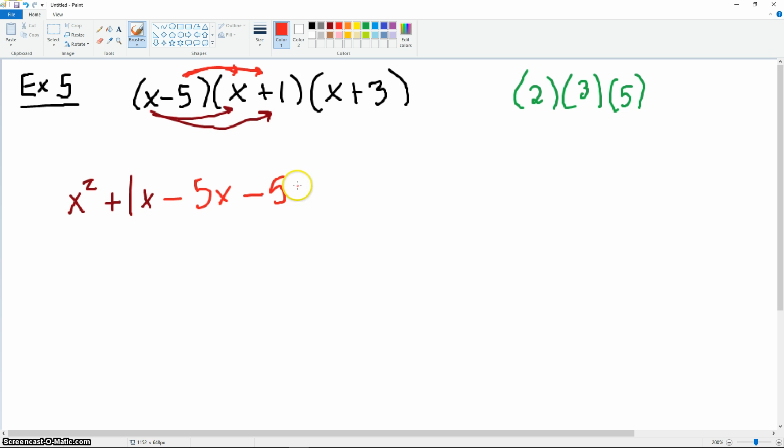Okay, from there, we're going to combine these two terms. Those are the only things we can combine. So we end up getting x squared, and 1x minus 5x is negative 4x minus 5.